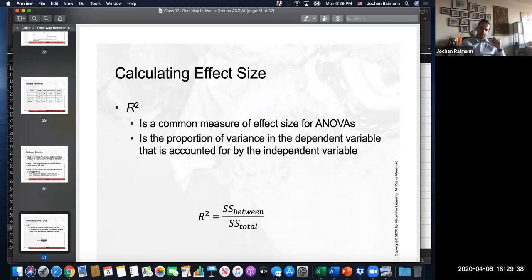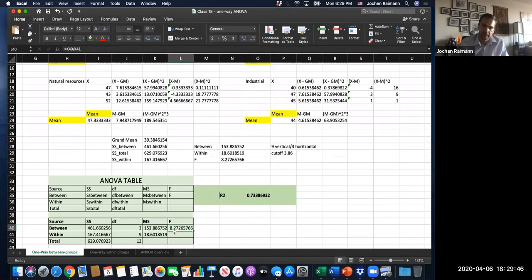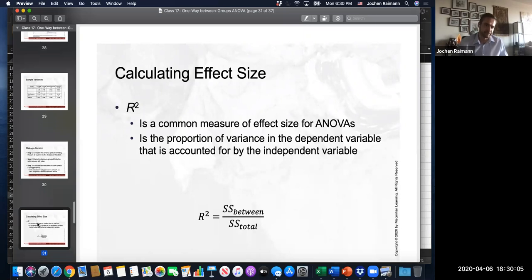Since it's a proportion, it's a value between 0 and 1. And it will determine the strength of your association. And yes, it will be associated with your F. The greater your F, the greater your R squared. But essentially it serves as a marker of the effect size in the example of ANOVA.